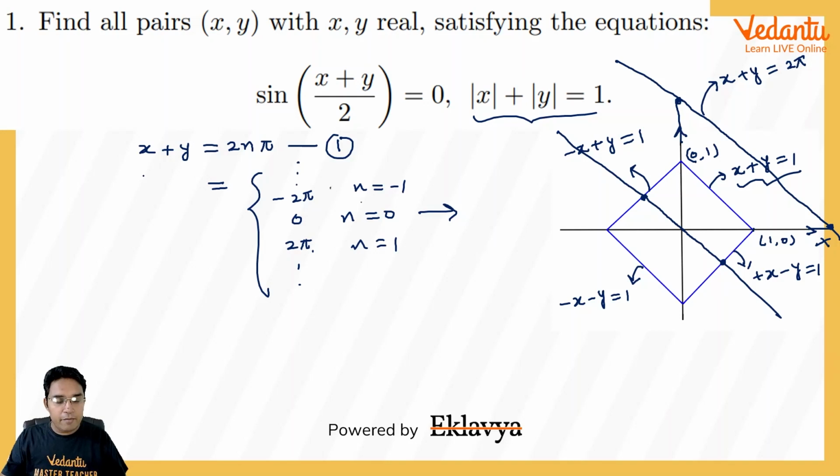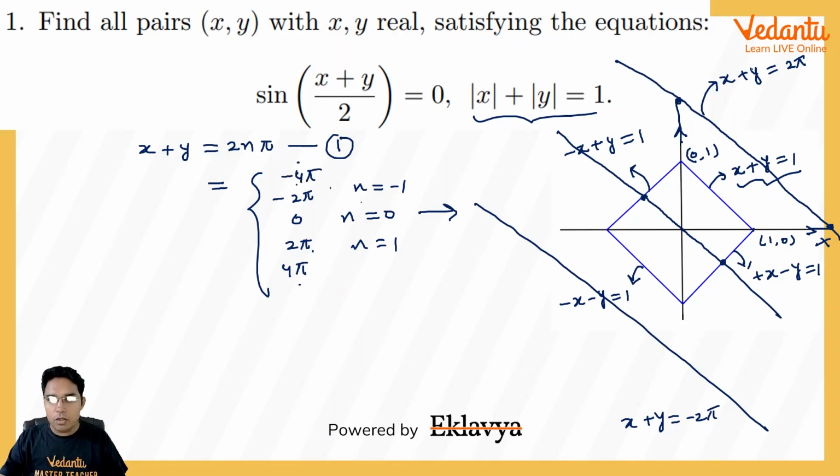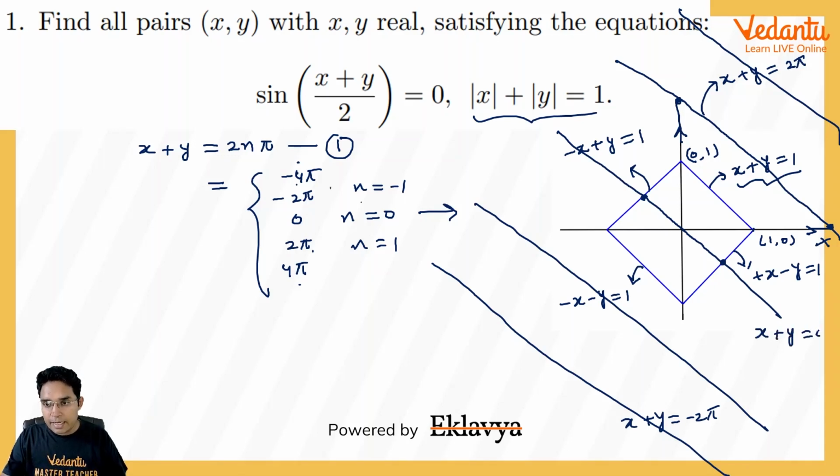Similar to this, when x + y = -2 pi, we will be getting a line like this, which is also not intersecting this square anywhere. Similarly, if we take 4 pi or -4 pi, then also we will be getting a parallel straight line to x + y = 2 pi, and that will be even farther from this square. So the only possible solutions are when x + y = 0 intersects this -x + y = 1.